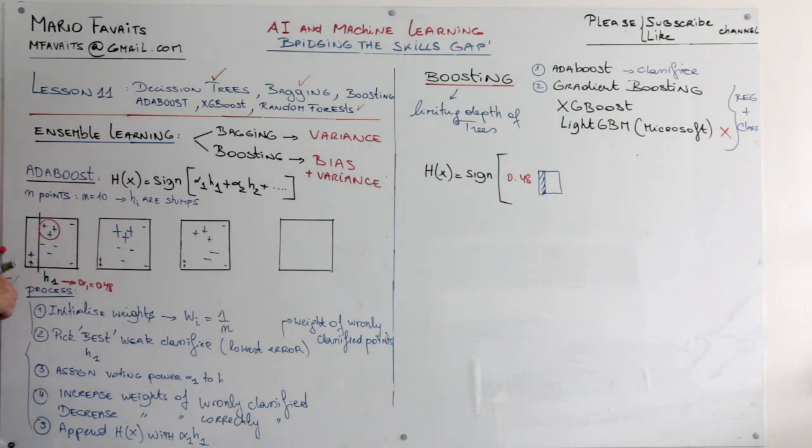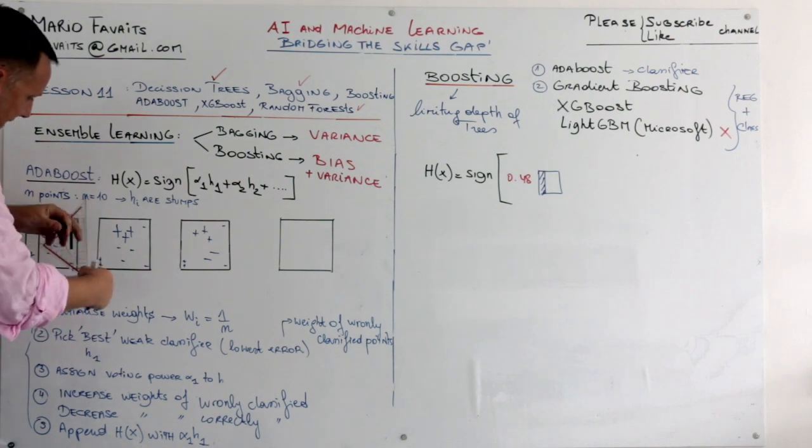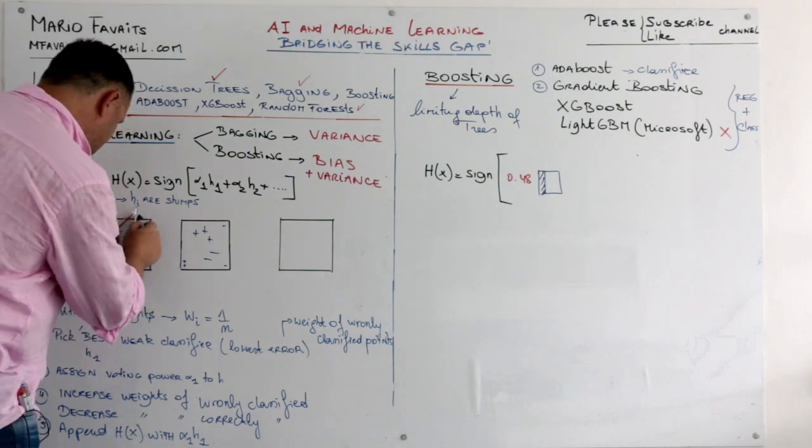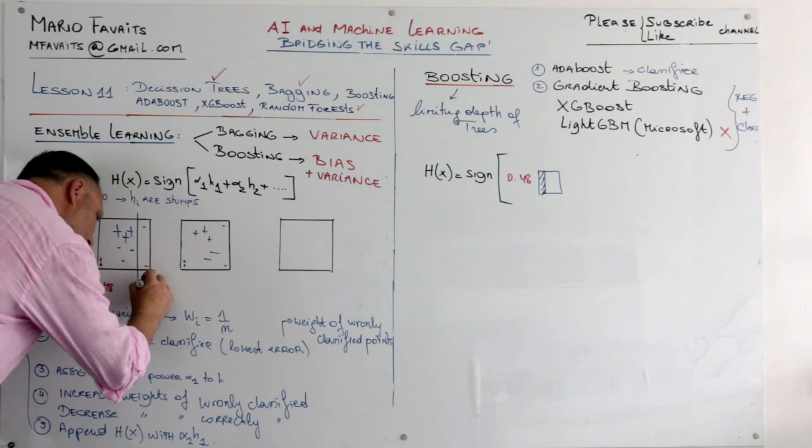Now we have increased the weights of the 3 pluses here and decreased the weights of these minuses and these 2 pluses. So now we look for the next best weak classifier, which will be H2.